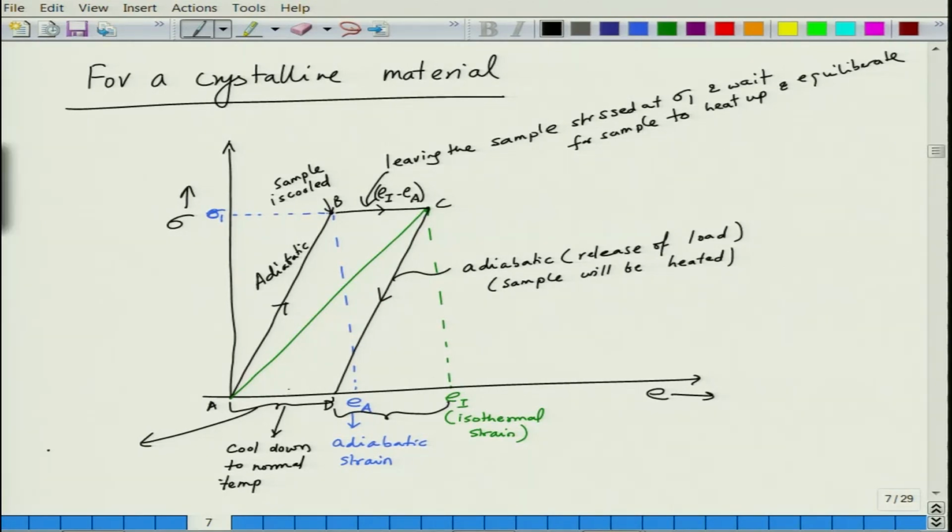With the passage of time during interval from D to A, the specimen will transfer its thermal energy to the surroundings or ambient which are cooler, all right.